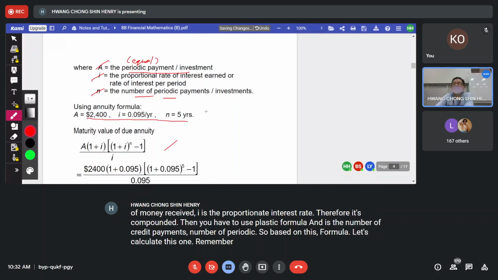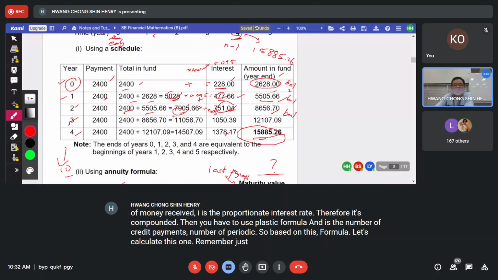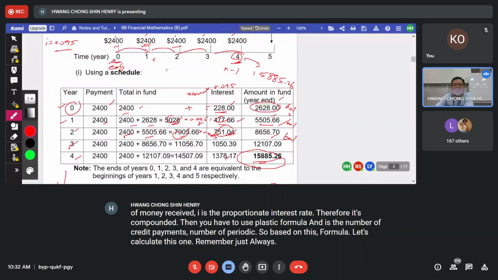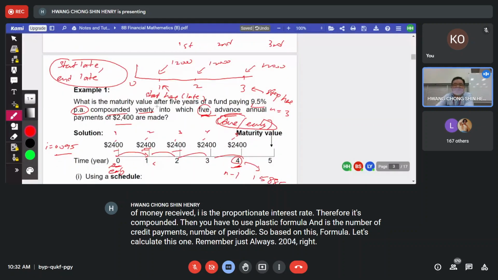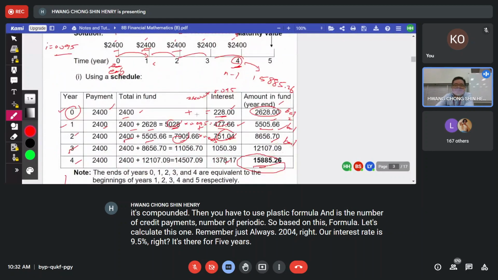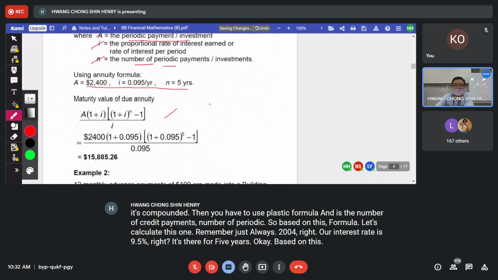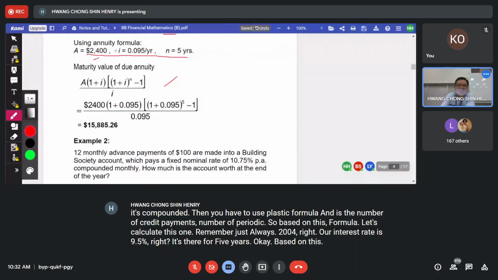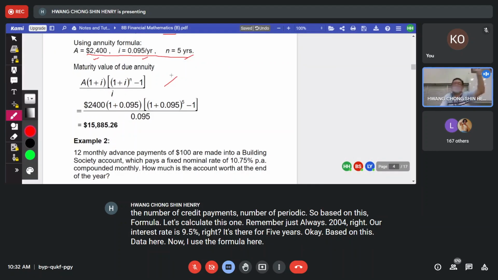So based on this formula, let's calculate this one. Remember just now? What is our A? 2004, right? Our interest rate is 9.5%, right? We save for 5 years. Based on this data here, now I use the formula here. So you don't need to show in Excel, don't worry, don't need to calculate.